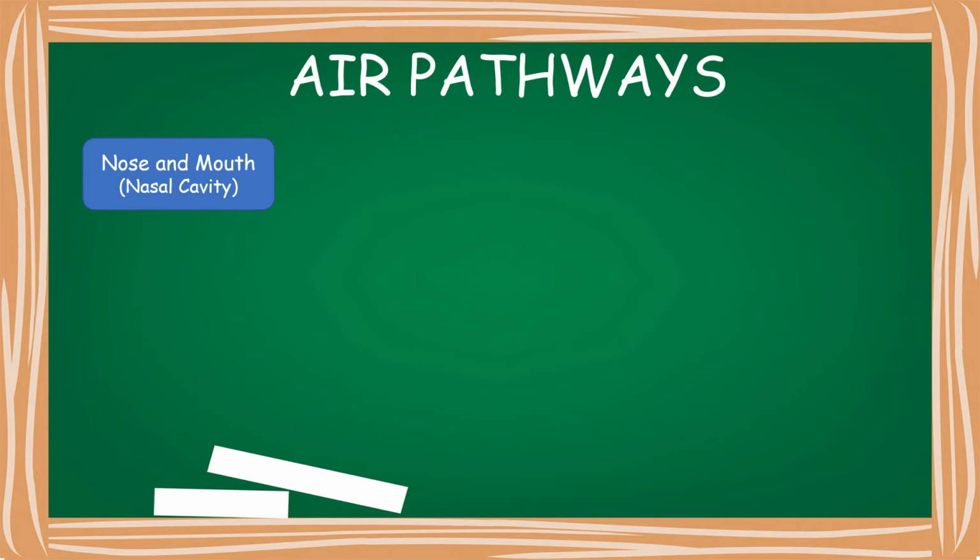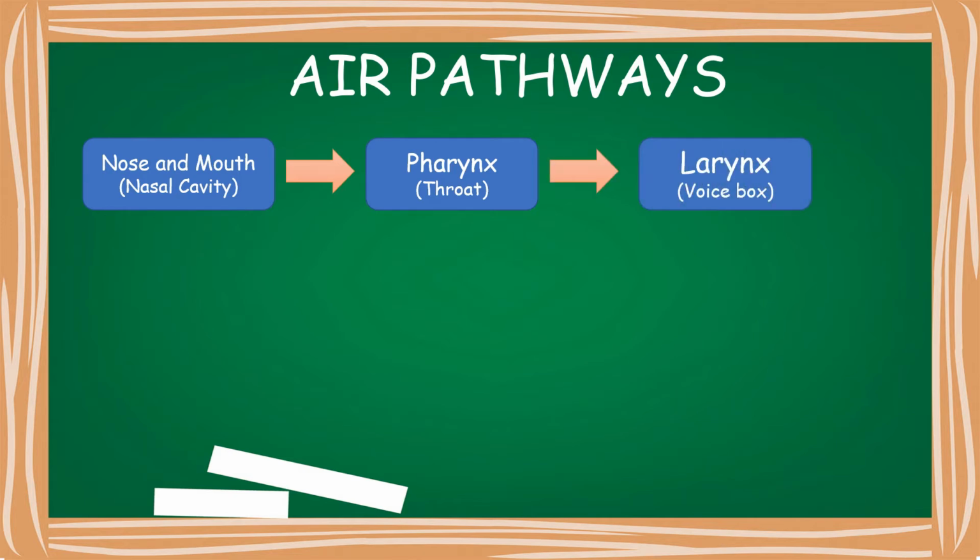That's the first part where the air enters once we inhale. After that, what comes next? The air now flows to our pharynx. Very good. After the pharynx, the air flows to our larynx.